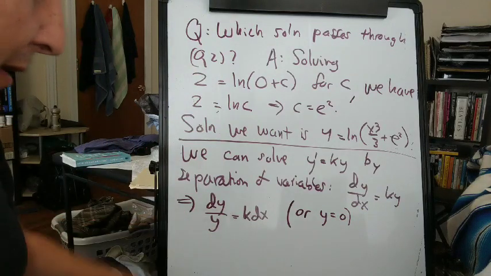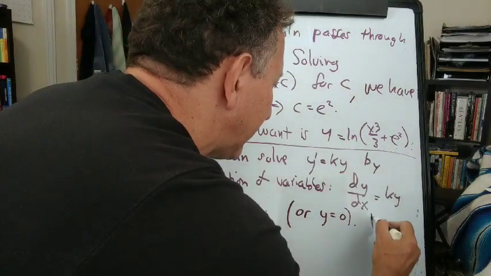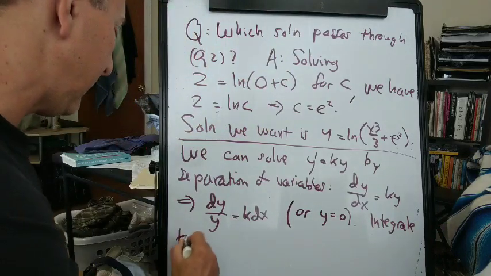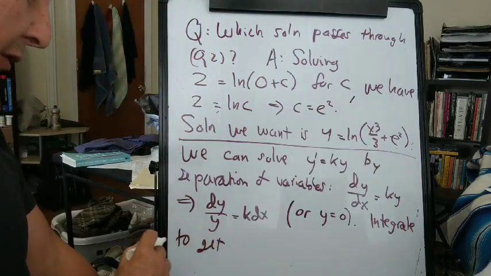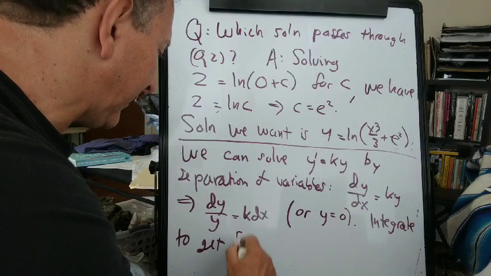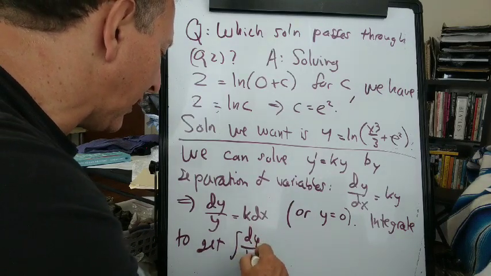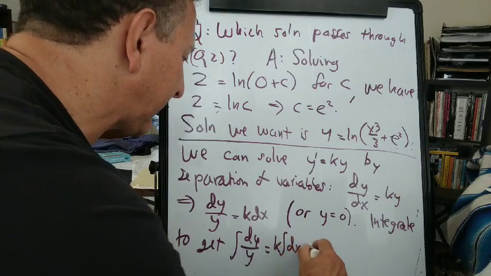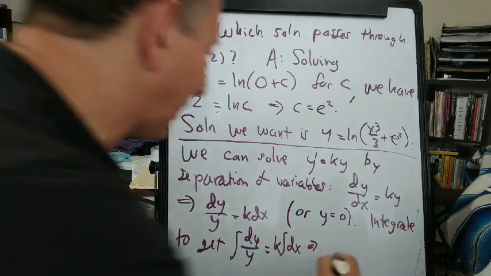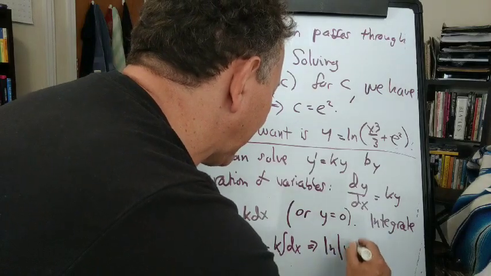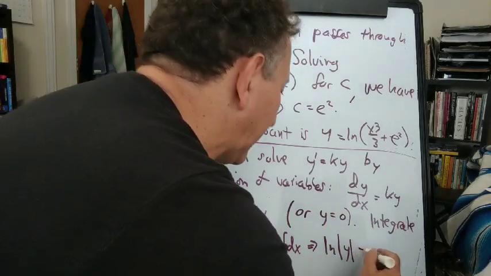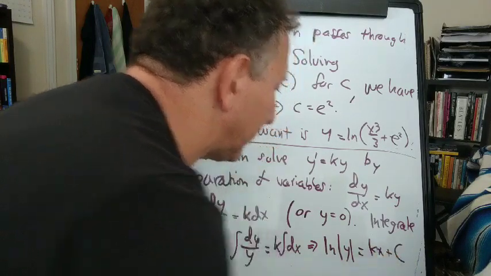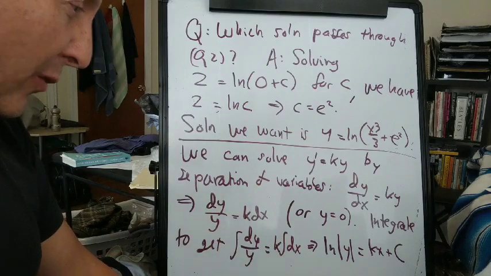Okay, so now integrating both sides, the integral of dy over y equals k integral of dx, means that we've got log of absolute value of y equals kx plus c. And that c is all real numbers.